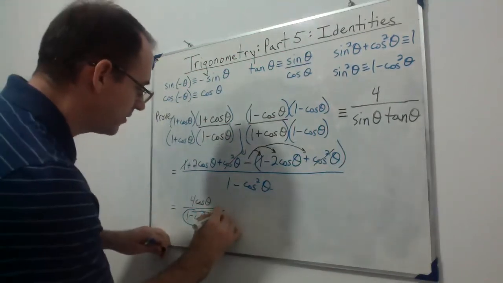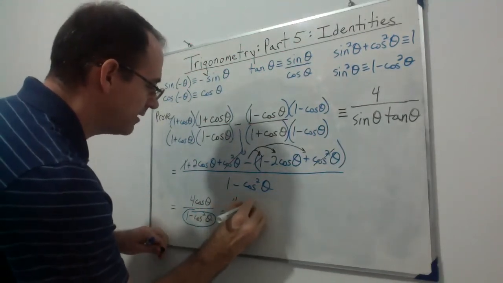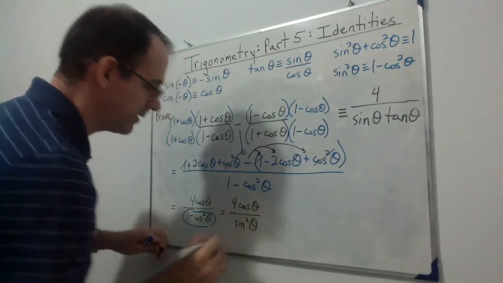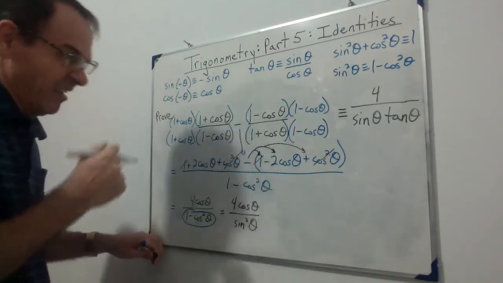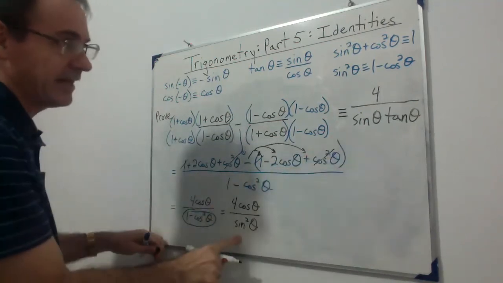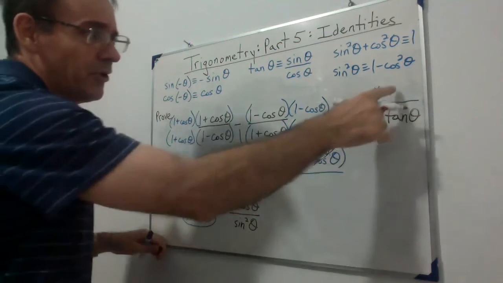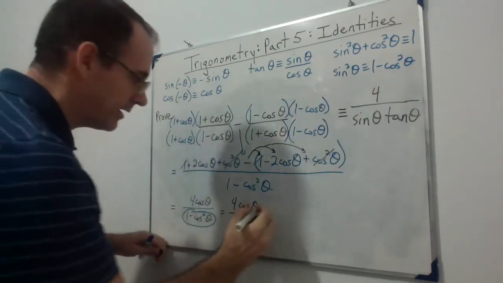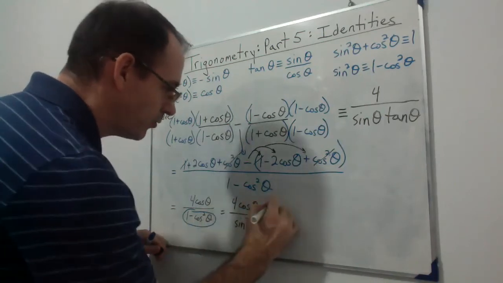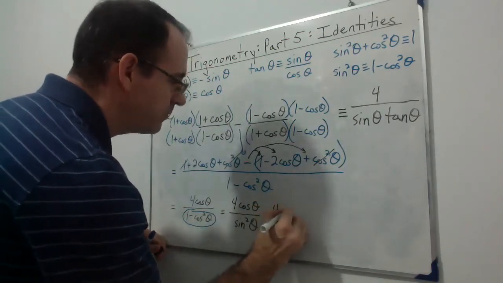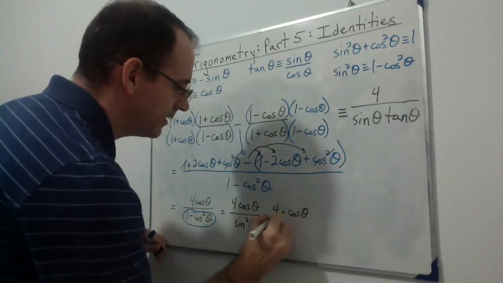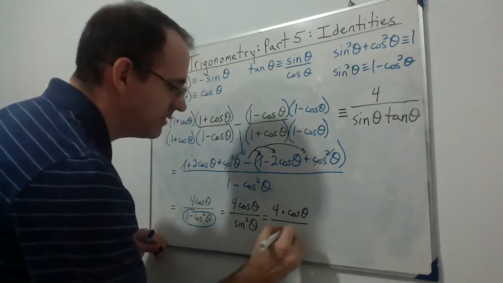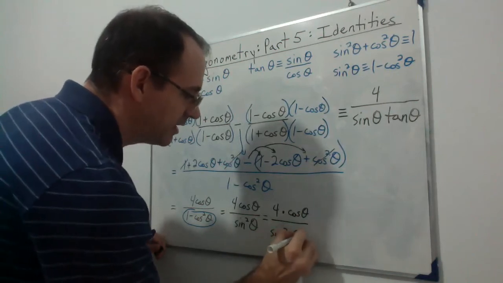So this becomes 4 cosine theta over sine squared theta. Well, there's only one sine theta, and we don't know what happens to the cosine yet. So let's split this apart into its components. 4 times cosine theta over, and let's separate the sine squared theta to be sine theta times sine theta.